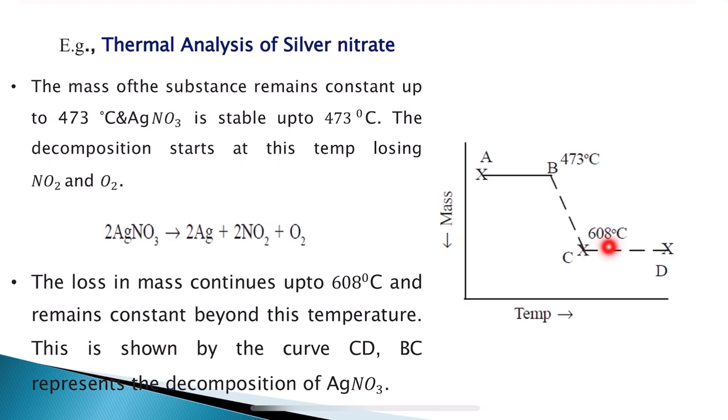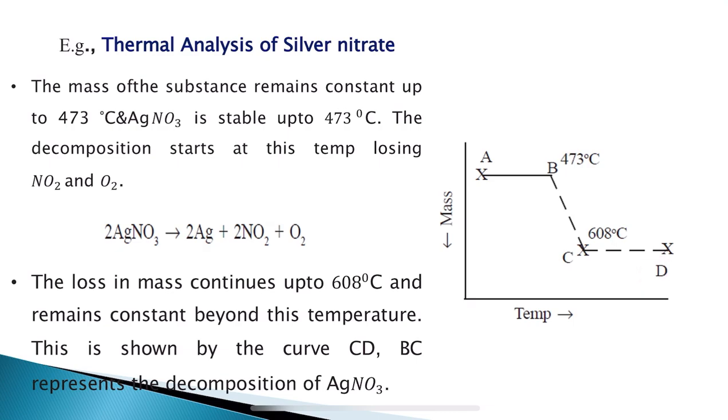At 608 degree centigrade, the silver nitrate has been completely decomposed, leaving metallic silver as a stable residue. So, that is why we are not going to observe any change in temperature or mass beyond 608 degree centigrade.